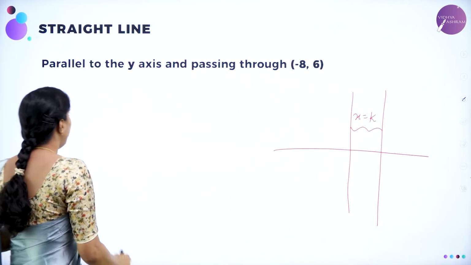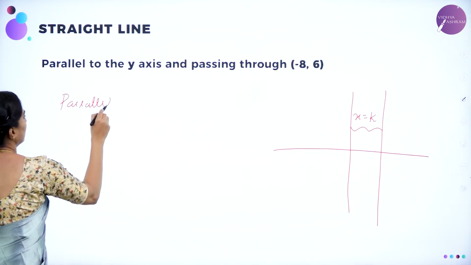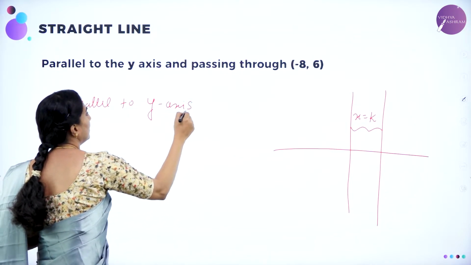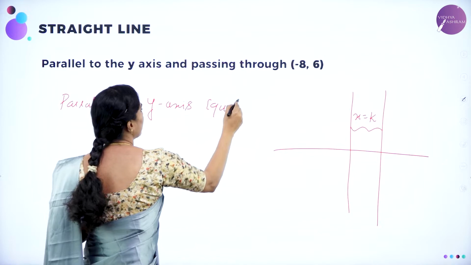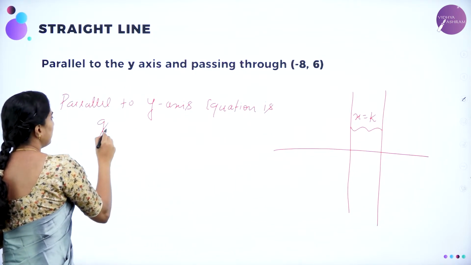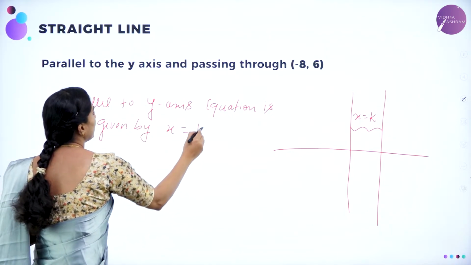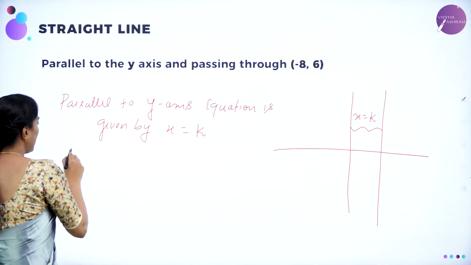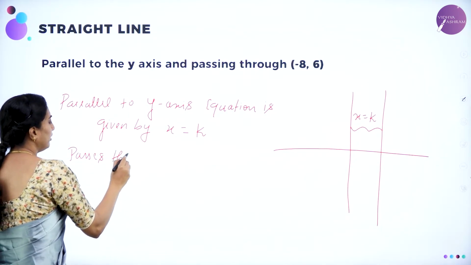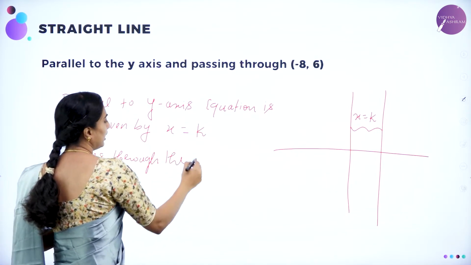So here, parallel to the y-axis, the equation is given by x is equal to k, and it passes through the point, what is that?